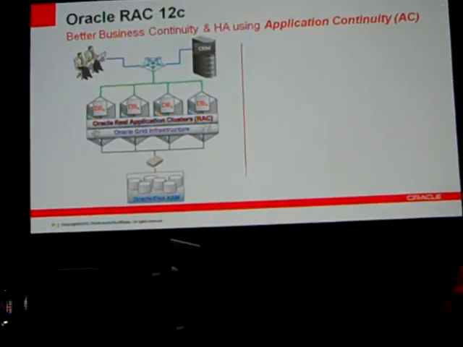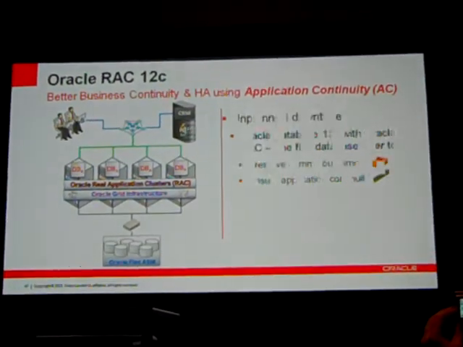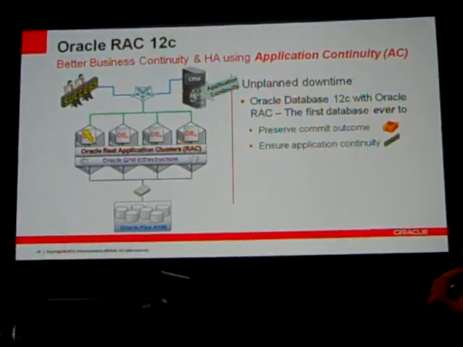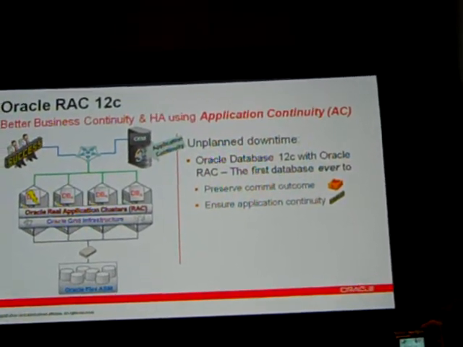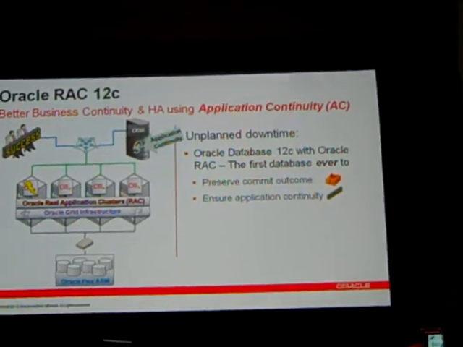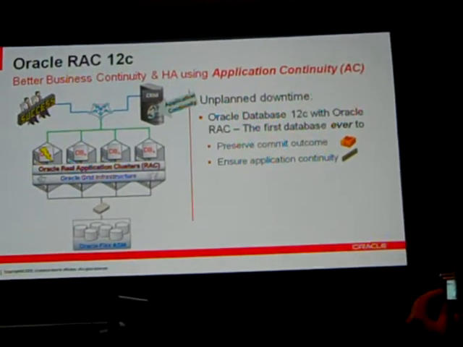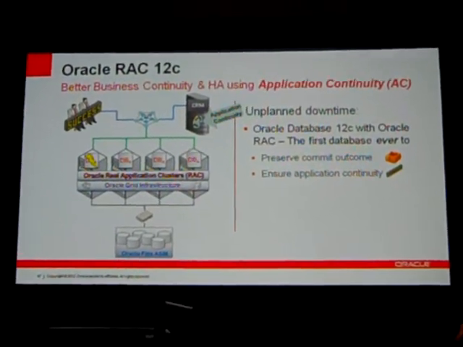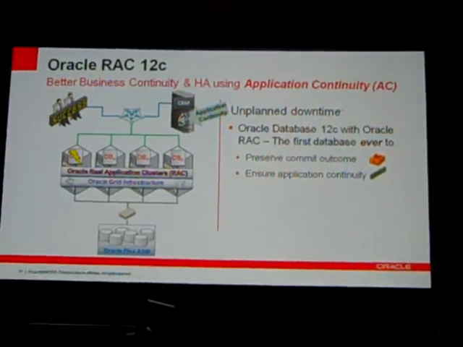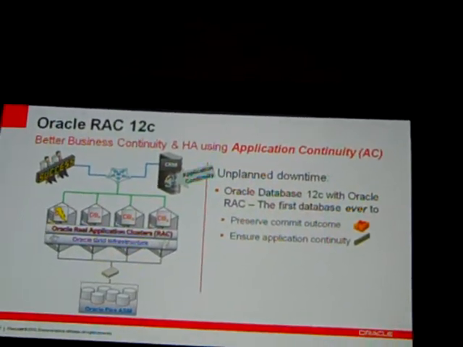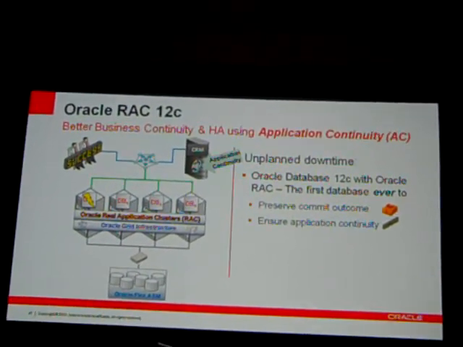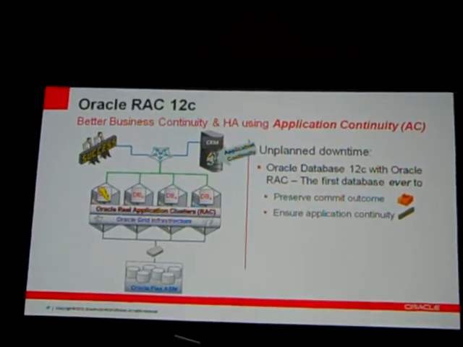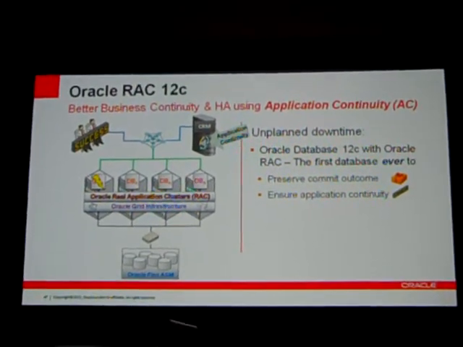With application continuity in 12c RAC, we have solved this problem for unplanned downtime, because now what we can do, based on a JDBC thin driver in the first place, or on a universal connection pool, or if you use WebLogic Server, is give you a layer that sits between the application JDBC driver and the database instance. And if the database instance fails, the Oracle 12c database with Oracle RAC can preserve commit outcome and ensure application continuity.